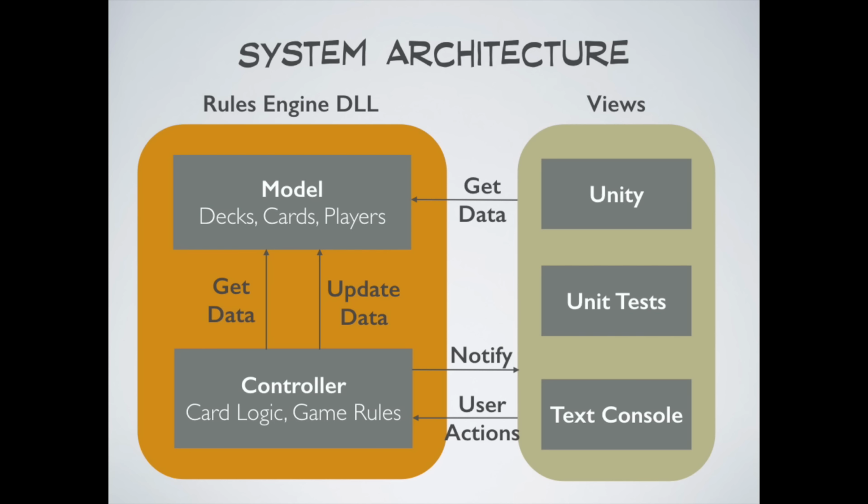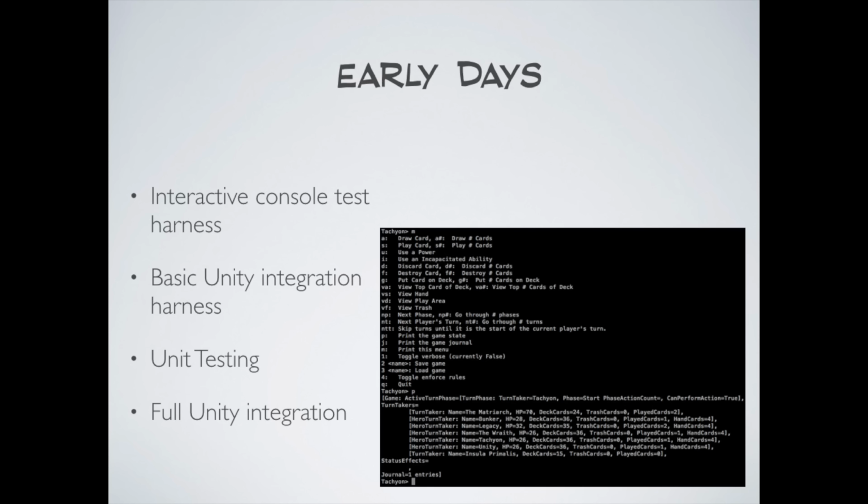When we first started, we decided on this architecture, and we actually could start building the game without any graphics at all, without anything to see, because the game doesn't really need that. All it needs is the data that's changing. So when we started off, the first thing we worked with was the rules and building that DLL, and we started with a very simple text harness to output what's going on and input what we want to do.